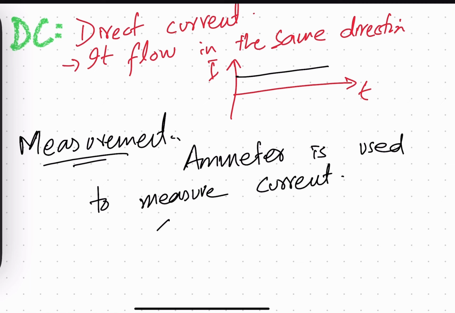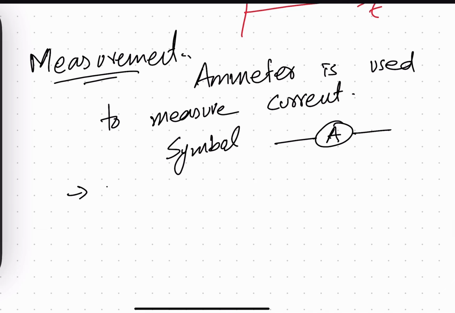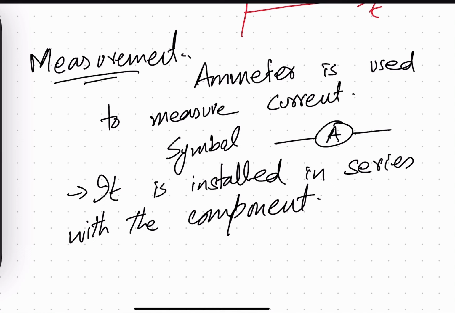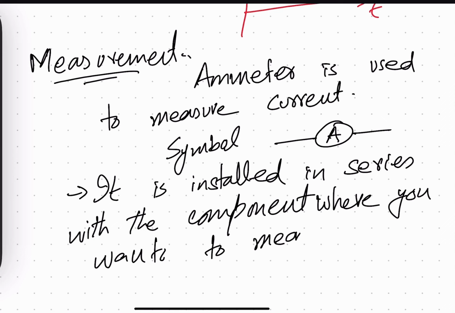The symbol for an ammeter is this, and it is installed in series with the component where you want to measure the current. So this is about the current.